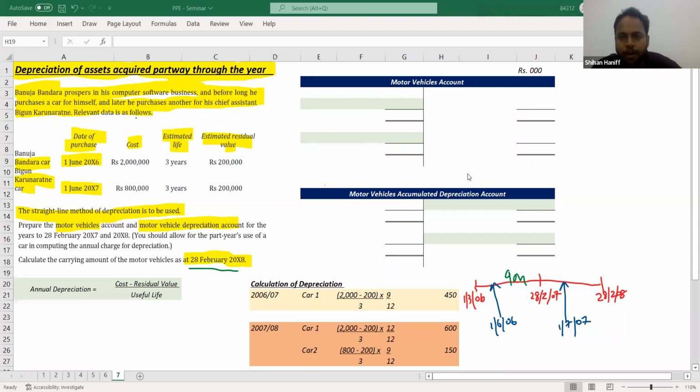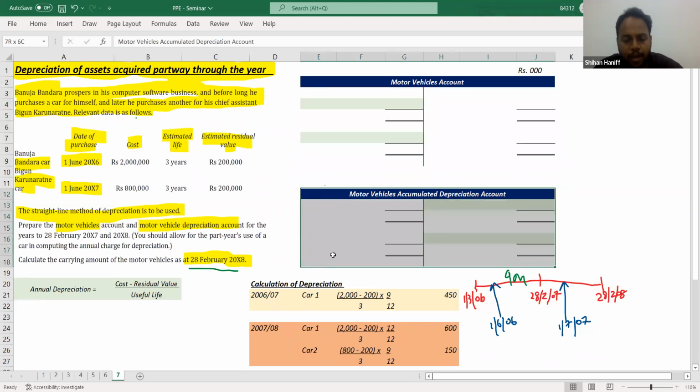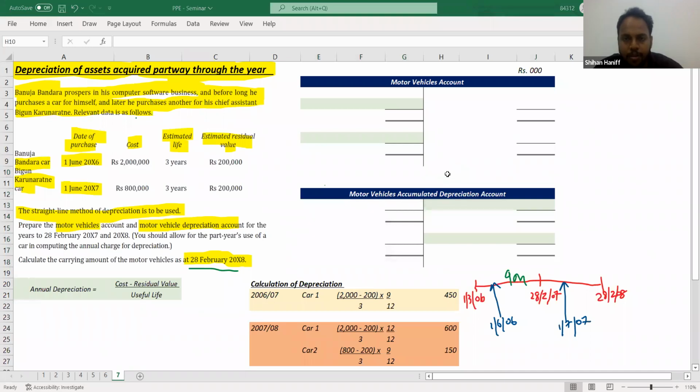Now we need to prepare the motor vehicle account and accumulated depreciation account. Let's start with the first year. There is no opening balance for both accounts.